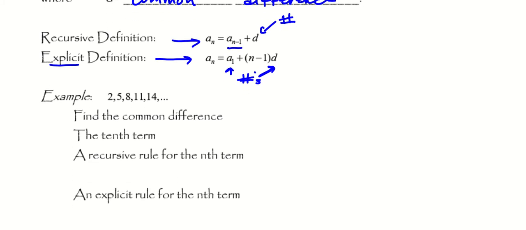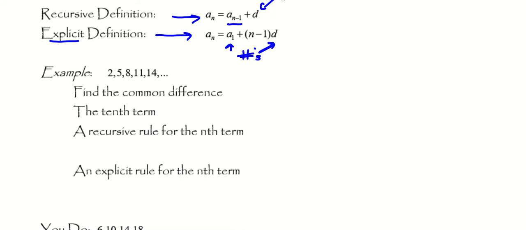So here's an example. We're going to take the sequence 2, 5, 8, 11, 14, and we want to find, first of all, the common difference. So I'm going to start with a sub 2, with its value, which is 5, and I'm going to subtract the previous term, which is 2. And when I do that, I get 3. So following that, the question becomes, do I get the same difference when I subtract every set of consecutive terms?